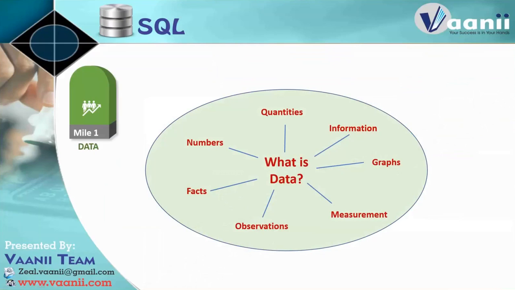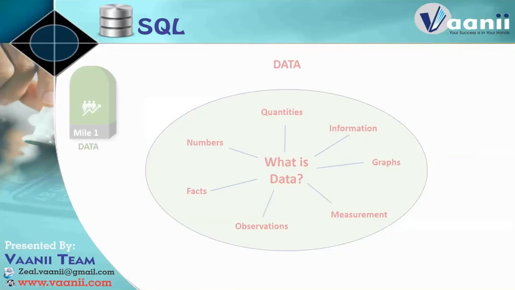Data is a fact, number, quantity, information, graph, measurement, or observation about any object or any organization. Data can be in any form, such as numbers or pictures.